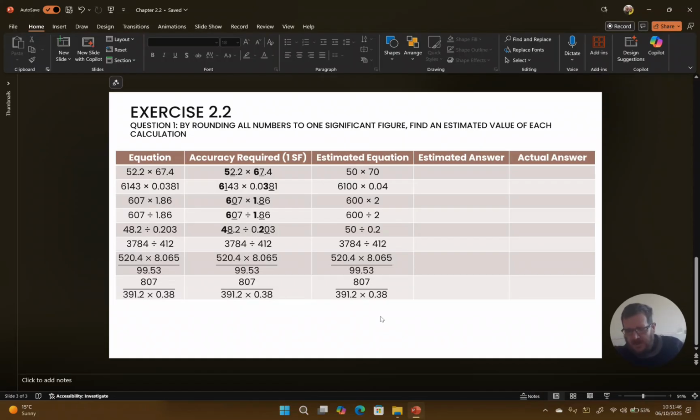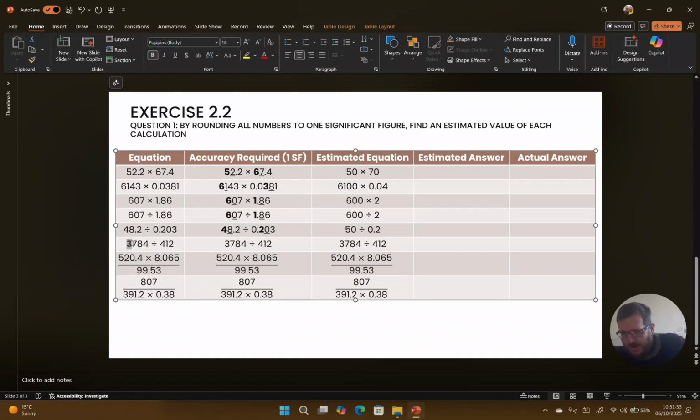The next one we're going to look at is 3,784 divided by 412. What am I doing?